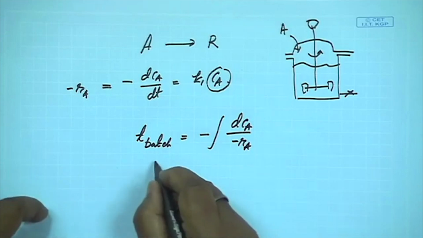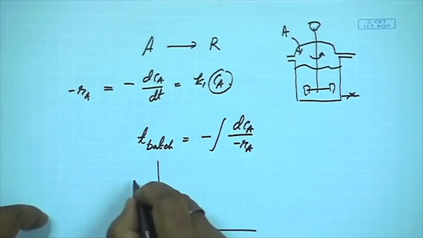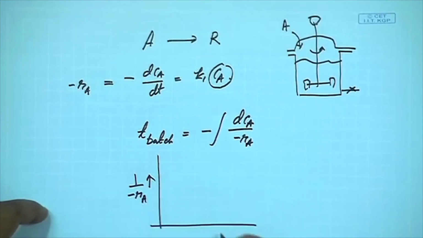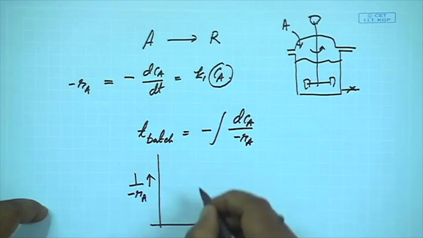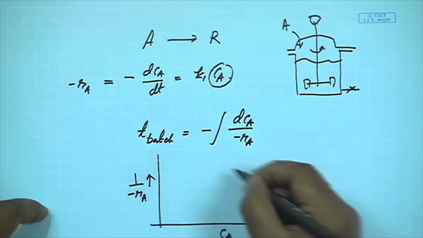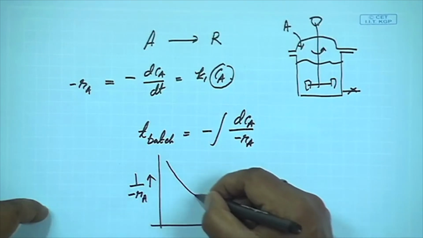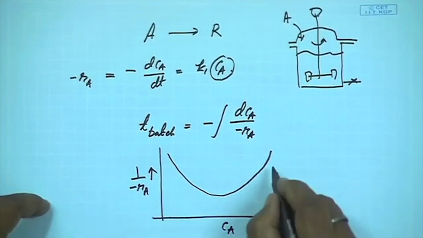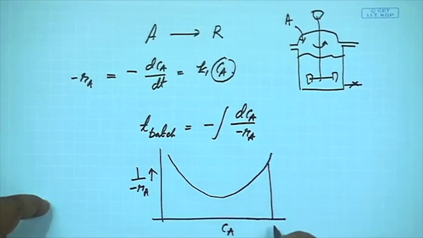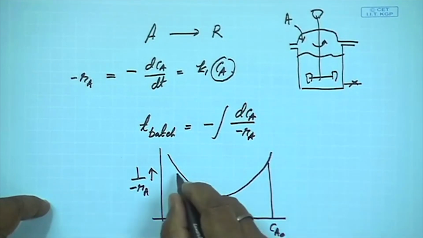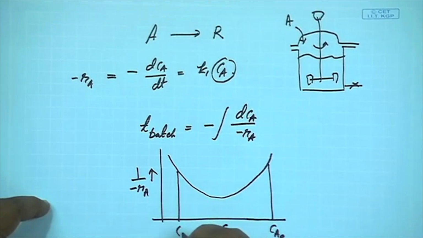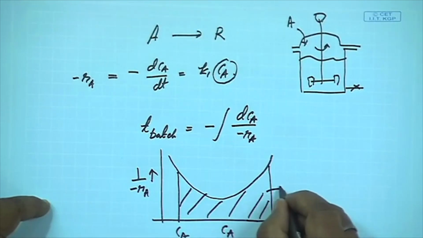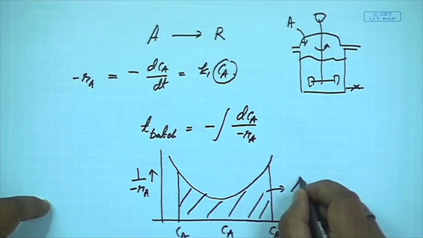Now, if you plot 1 by minus Ra against CA, in this problem it might look like this. If you take here CA0 and then this is CA, the area under this curve gives you the T batch.